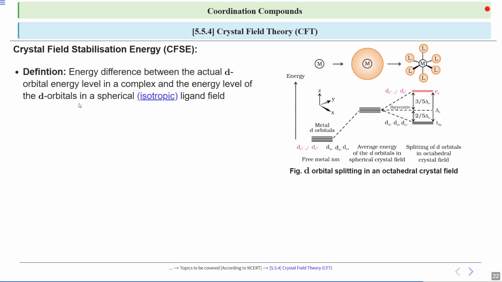So the definition of CFSE is the energy difference between the actual d orbital energy level in a complex and the energy level of the d orbitals in a spherical or isotropic ligand field.